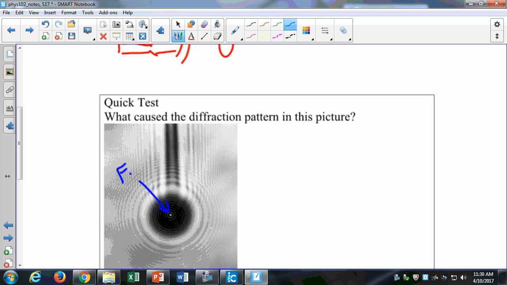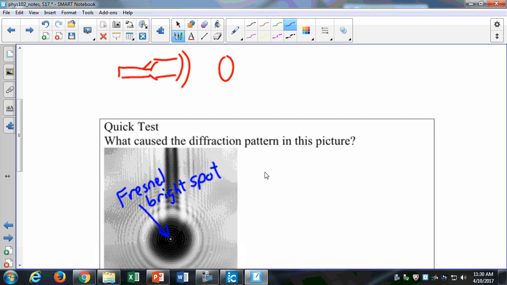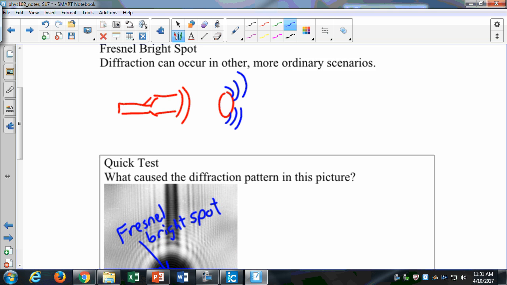This is called the Fresnel bright spot, with dark and bright fringes that go along the way. And the reason is it's sort of like a double slit, where you have these light waves that are now propagating outward from either side of this thing, this aperture that's blocking light coming along. Okay? So just know that this exists.